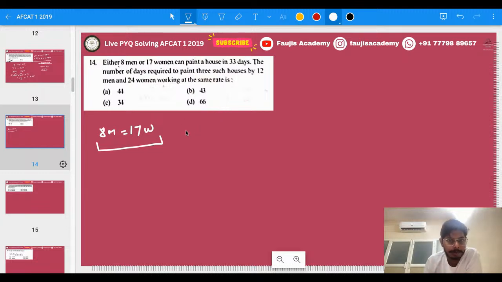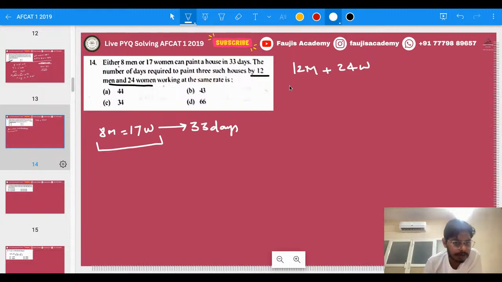Guys, how will you approach this question? Either 8 men or 17 women paint a house in 33 days, which means 8 men is equal to 17 women. Over here, we have 12 men plus 24 women, isn't it? Which one should we change?